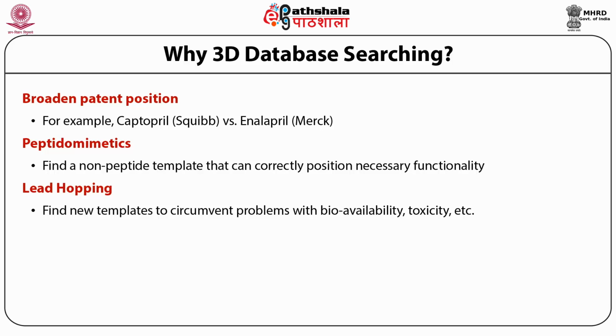Lead hopping is a very interesting problem which is also made available because sometimes the compound design may not do well in clinical or the last part of the preclinical data is chemical designing. Mostly it happens that the bioavailability is poor or it becomes very toxic. However, the features contained are very important and very much interactive with the active site. What we do then is build up the pharmacophore and try to find a new scaffold which can be better off than the original ones.